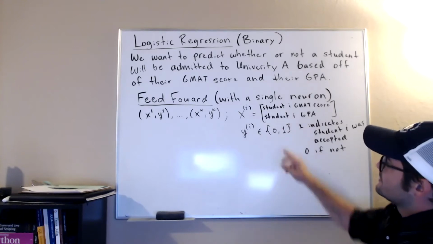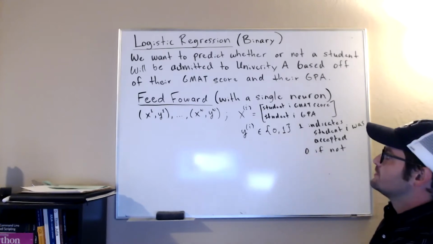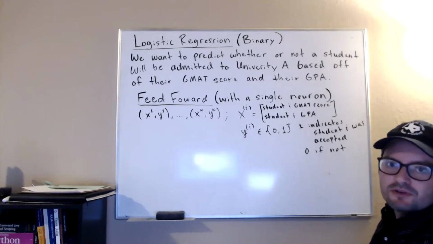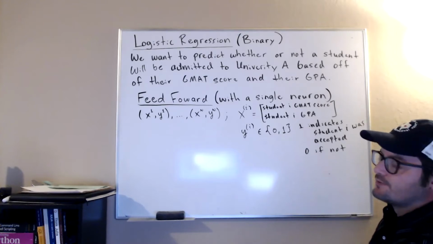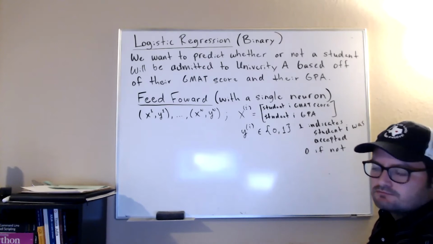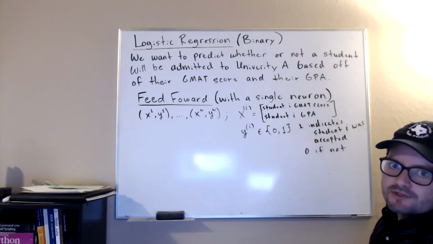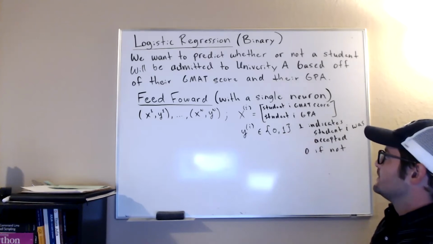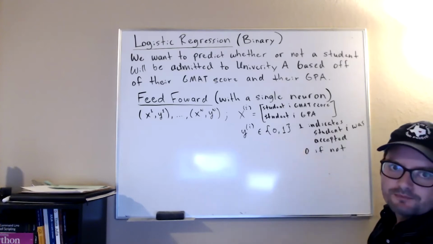And we wish to predict either a 0 or 1. The way that we're going to do that is by assigning a probability given a feature vector. If we predict a probability greater than 0.5, then we'll assign a 1. If we predict a probability less than 0.5, then we'll assign it a 0.